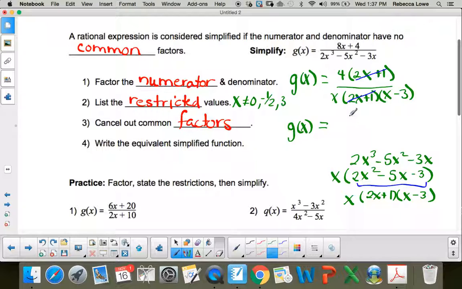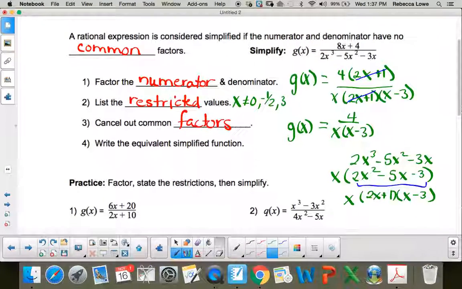Now I'm going to write the equivalent simplified function. So I get 4 over x times x minus 3. So the g of x function that you see originally is equivalent to this g of x function. It's simplified, but notice that the restriction of negative 1/2 is still there, even though that restriction isn't shown here.